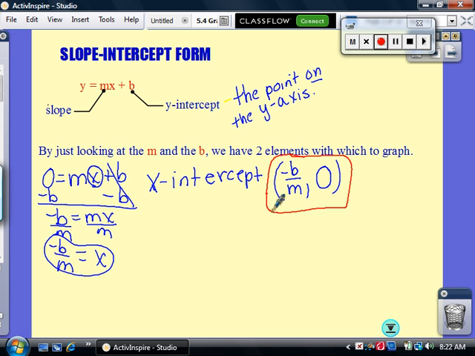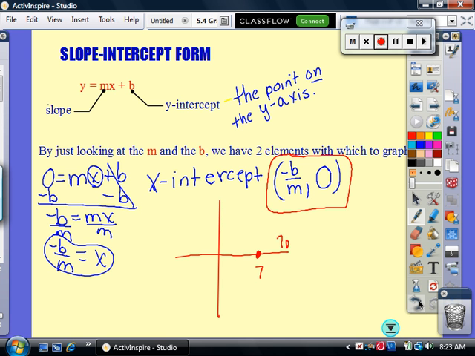Now, if things like that are hard for you to memorize, always think of it like this. If I'm finding a point on the x-axis, what's its ordered pair? That number, 0. Okay. So if I'm looking for an x-intercept, I can always just plug in 0 for y and solve for x.